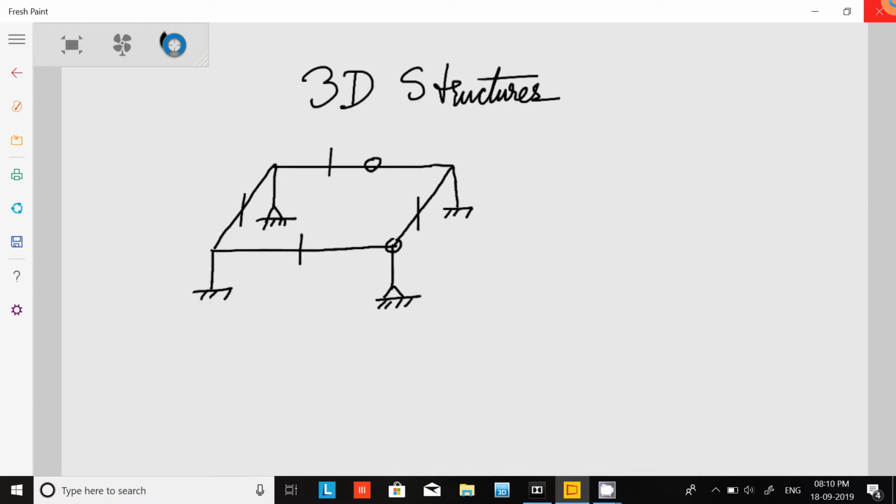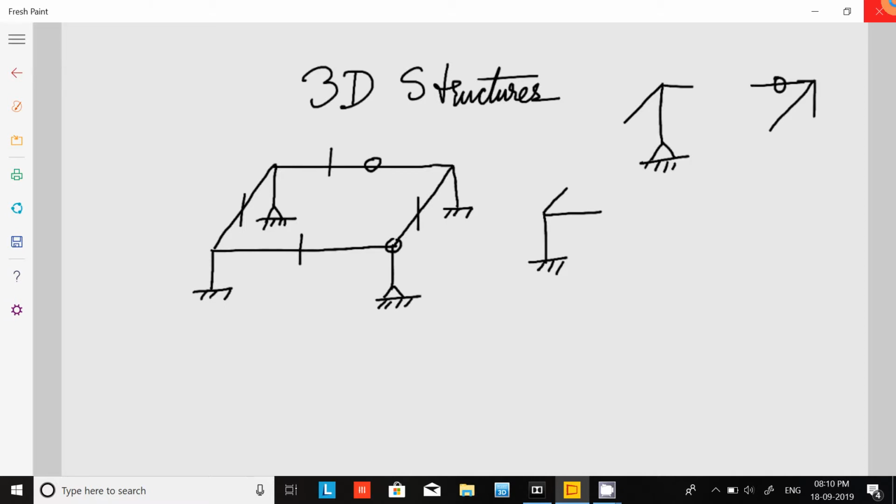So what will be the 4 trees? So these are the 4 trees.